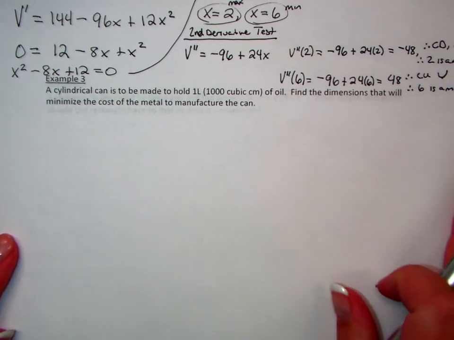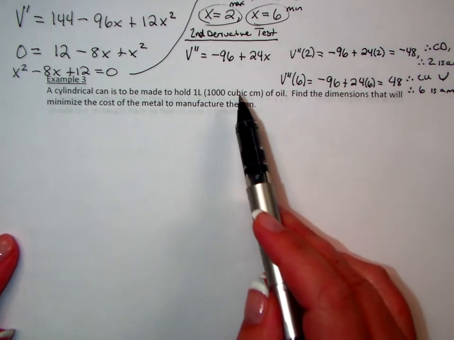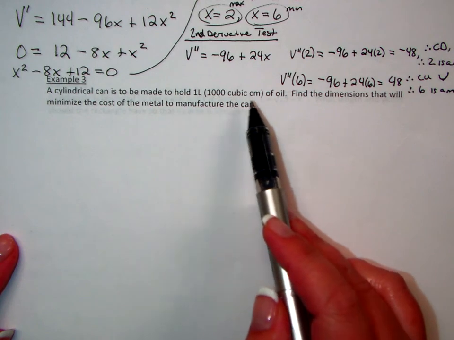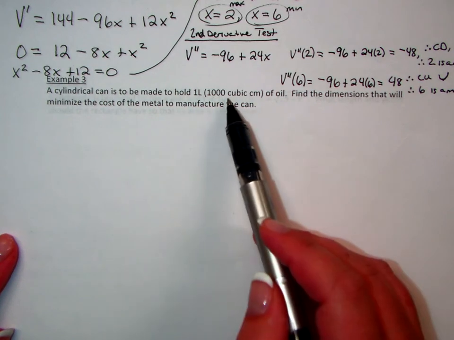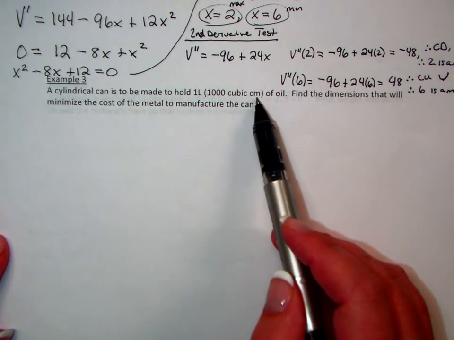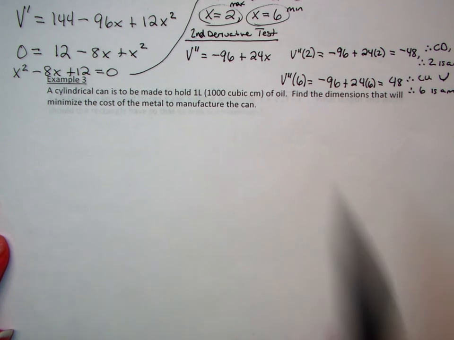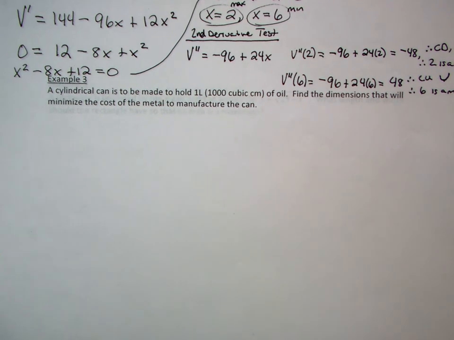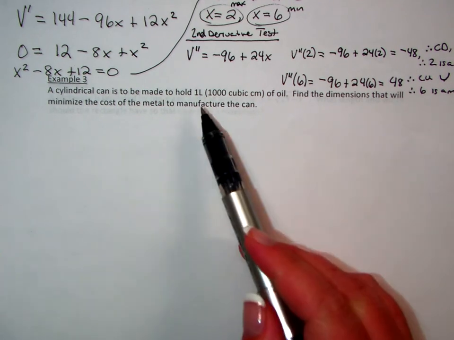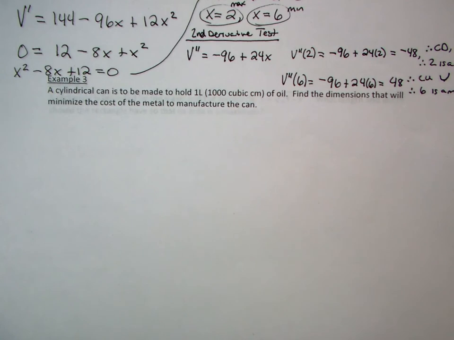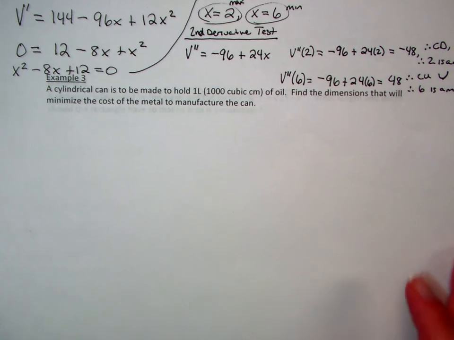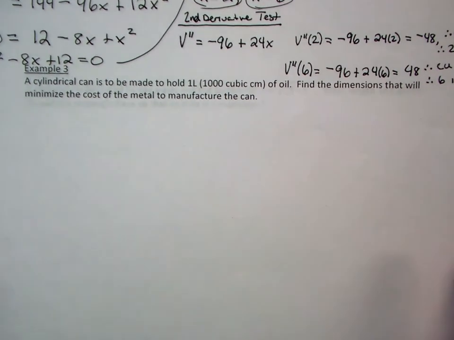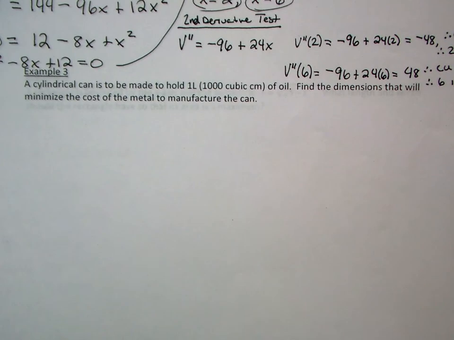But what's better is to call a liter 1,000 cubic centimeters, because centimeters can be both linear and multi-dimensional. So remember that 1 liter is 1,000 cubic centimeters. You probably already know that from your science classes. My 4th grader knows this. Find the dimensions that will minimize the cost of the metal to manufacture the can.